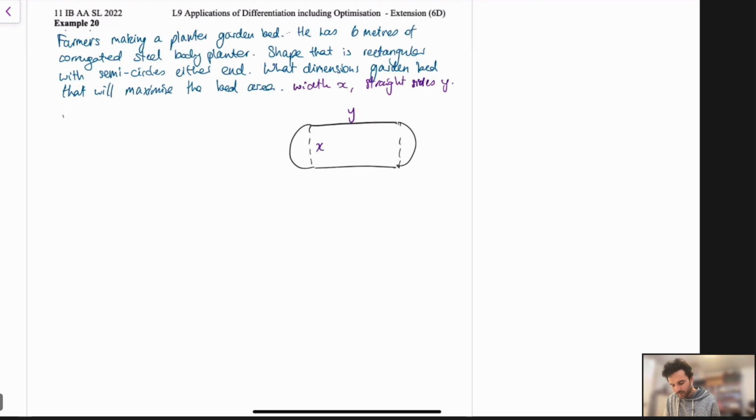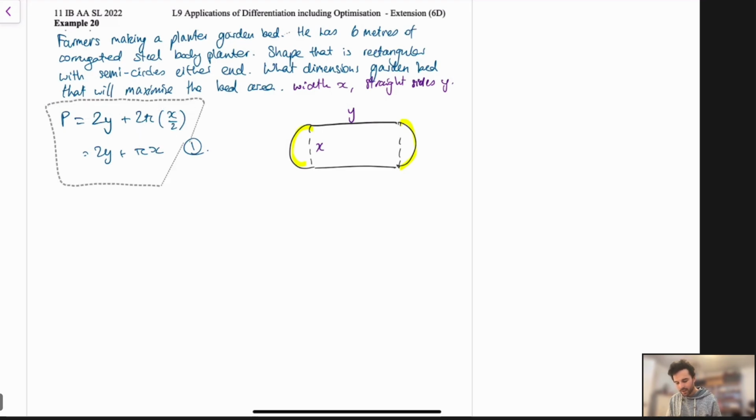The perimeter is going to be 6 meters, and it is made up of 2 straight edges, which is 2y, plus the circular bits. Added up, that's the circumference of a circle, 2 pi times half of x. What comes out is quite nice. That there is equation 1.